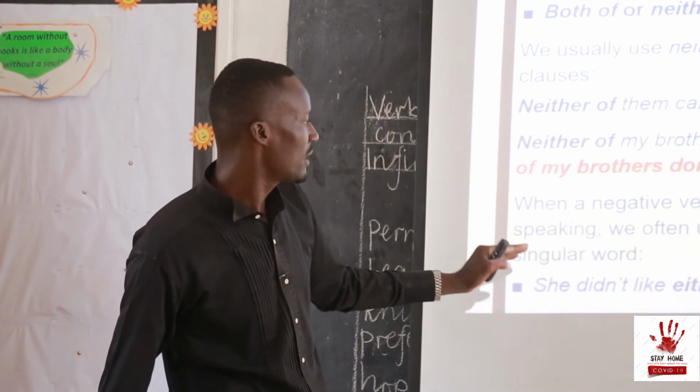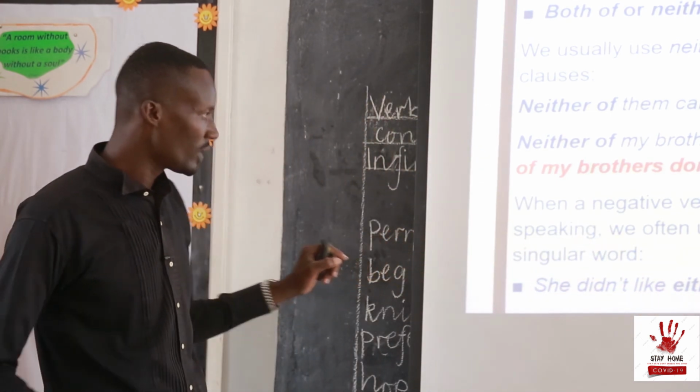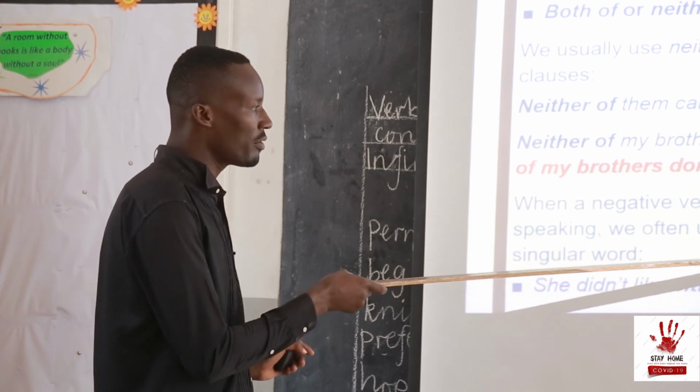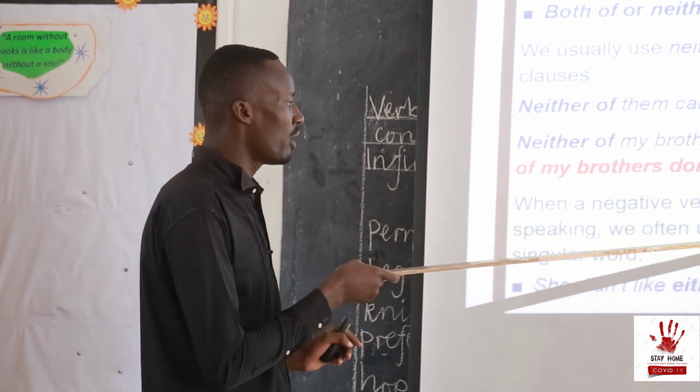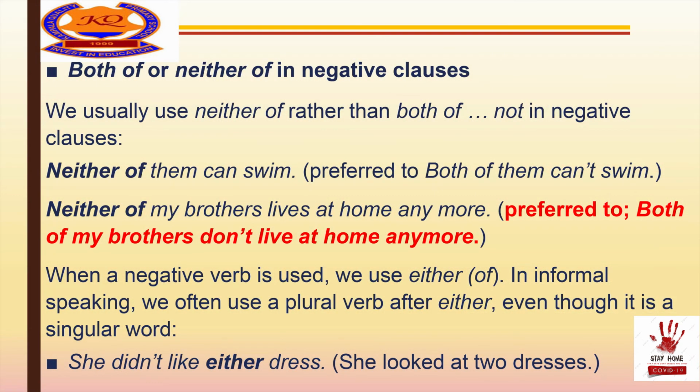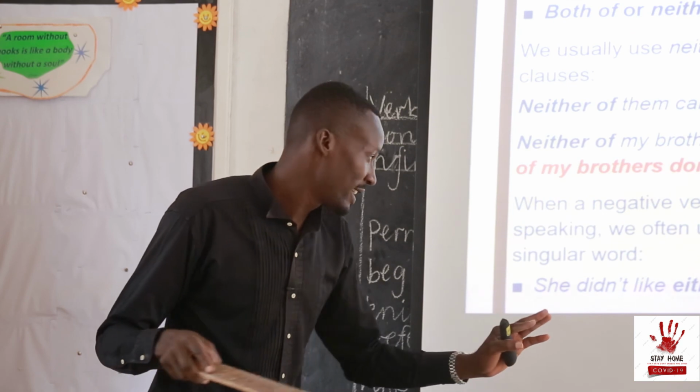So that's why I'm saying that we often use a plural verb after either, even though it is a singular word. You see, she didn't like either dress. In other words, she looked at the two dresses and did not like any.